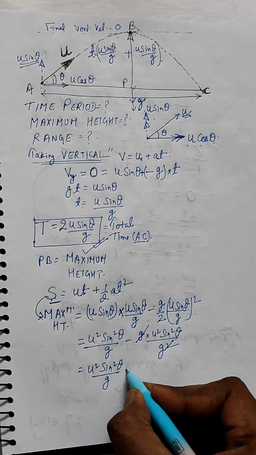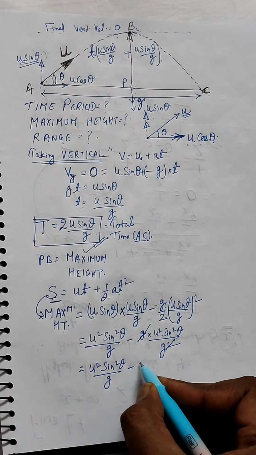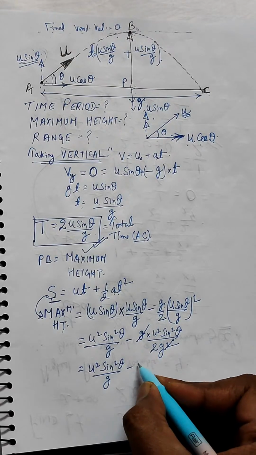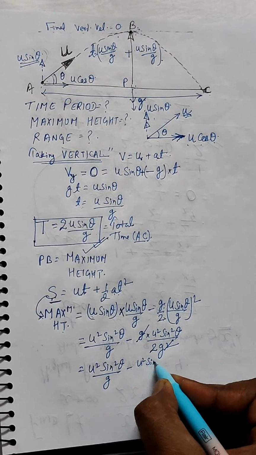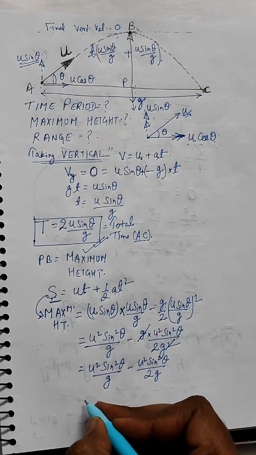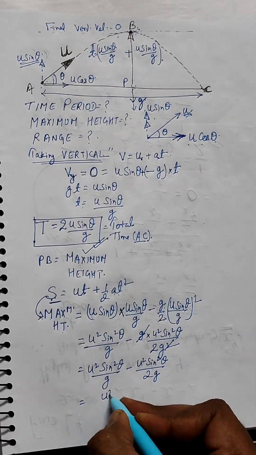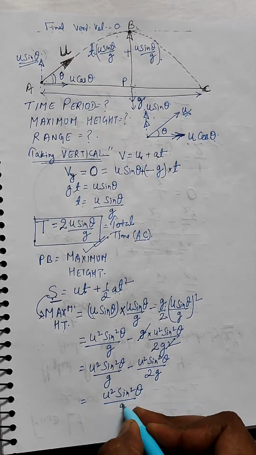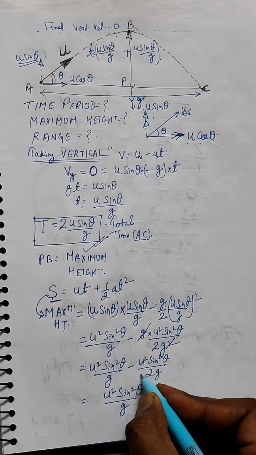u² sin² theta by g minus, so 2 is also there, minus u² sin² theta by 2g. So when you bring u² sin² theta by g as common, it is 1 minus 1 by 2.